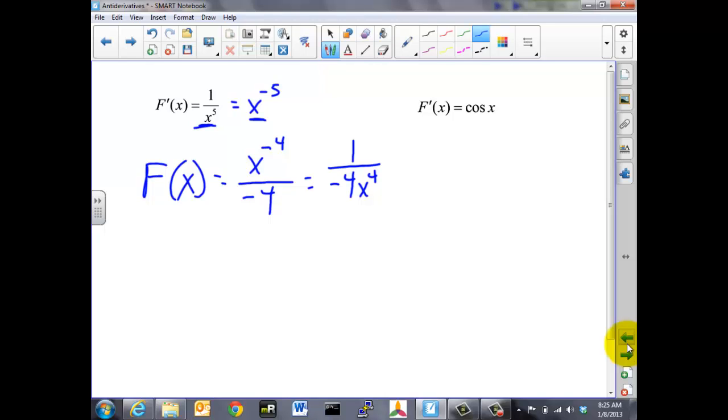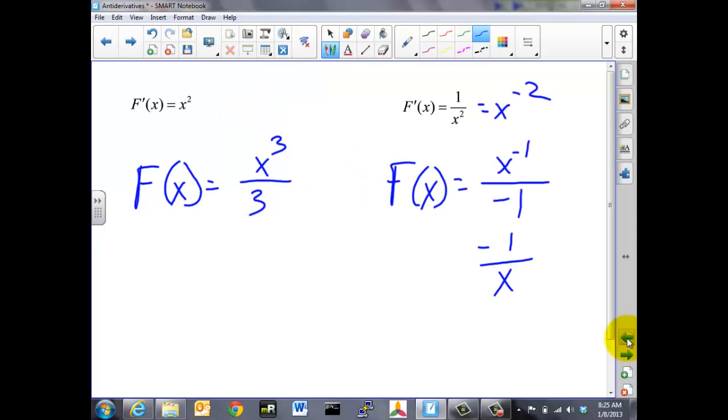Wait, okay, we had a 4 in our answer, but the last time we didn't have another number in our answer. We did. I guess we had 1. But we moved that one up, but we didn't move this one up. Well, actually, we didn't move it up either. It just goes away. There's still a 1 there. There has to be something in the numerator. And I just wrote the negative sign up here so I wouldn't forget it.